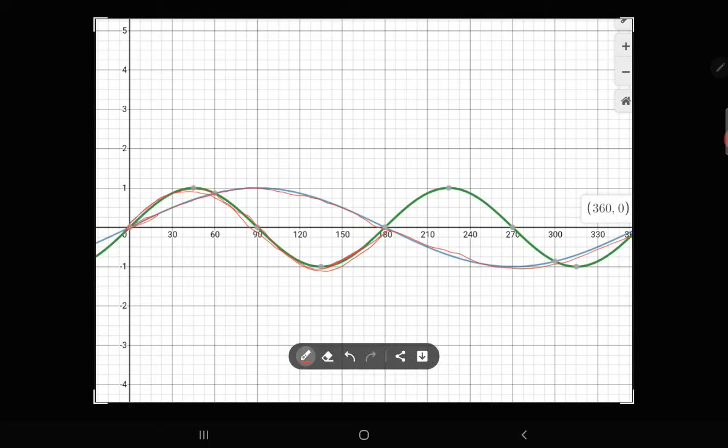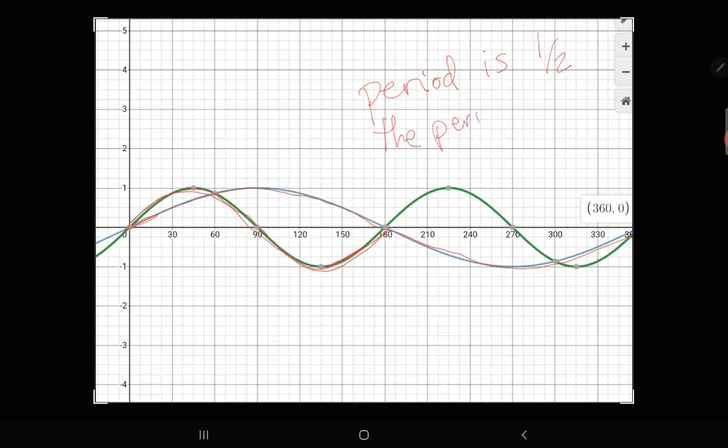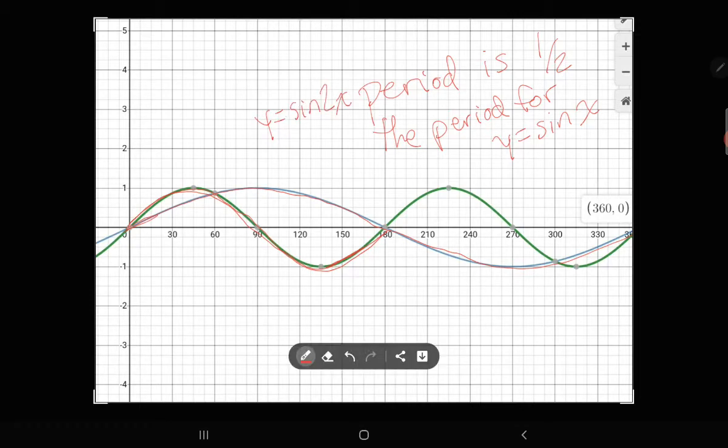So essentially, the period is half the period for y equals sine x. So for y equals sine 2 times x, the period is half the period for y equals sine x.